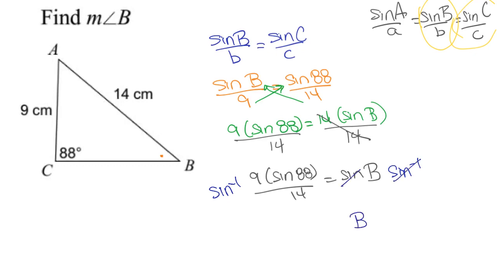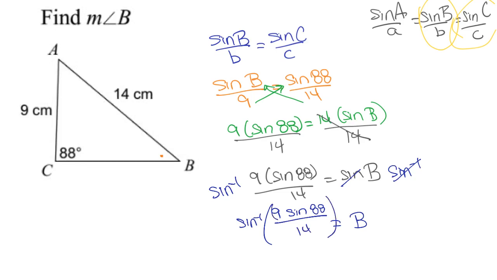So then we have b equals the sine inverse. And I make a double set of parentheses, and I do 9 times the sine of 88 divided by 14, right?